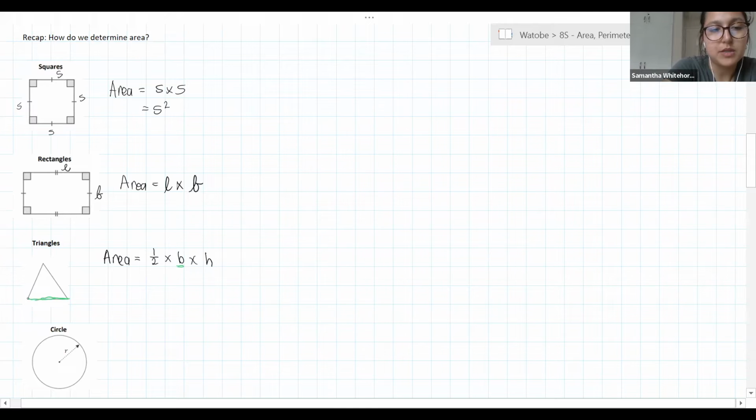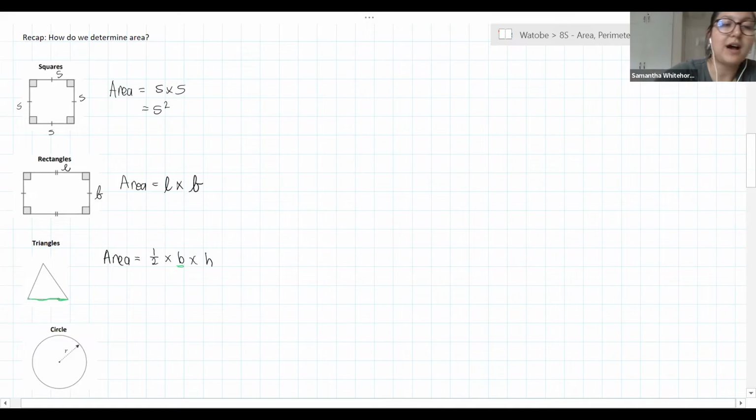It doesn't always have to be the bottom side, and you'll see that in one of our examples in a second, but it's basically the base length, the length on which the other lengths come off of, for lack of a better description. It was a terrible description, but it's the bottom.